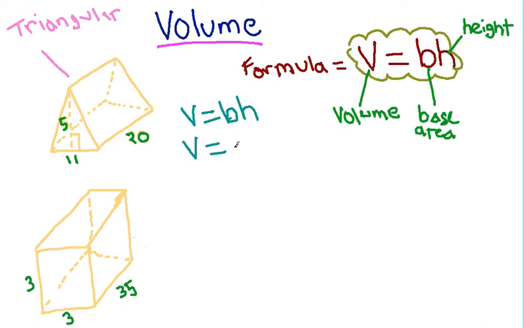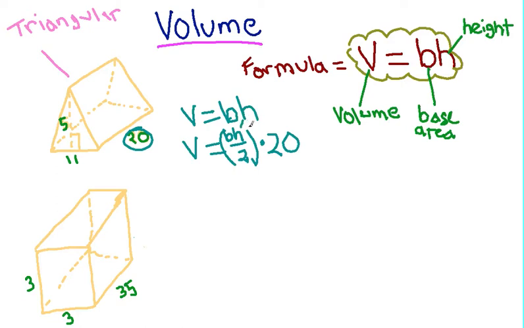And you find the area of a triangle by doing base times height divided by 2. So we'll write it as BH over 2, quantity, times the height of the prism. And the height of this prism is this 20 right here, because it's the distance between the two bases. So it's times 20.